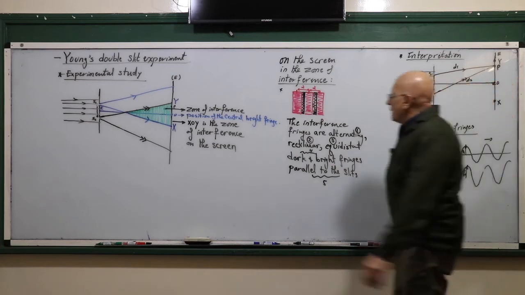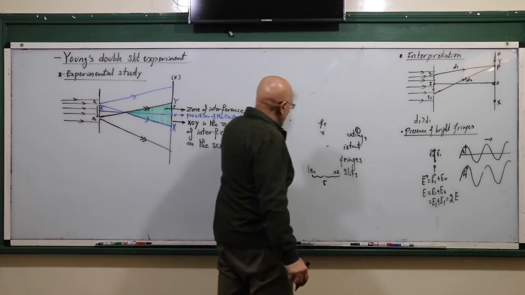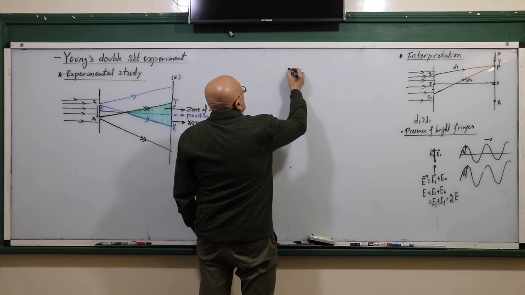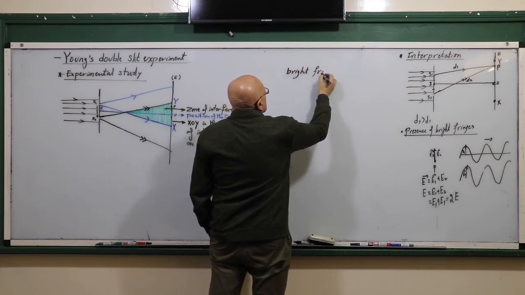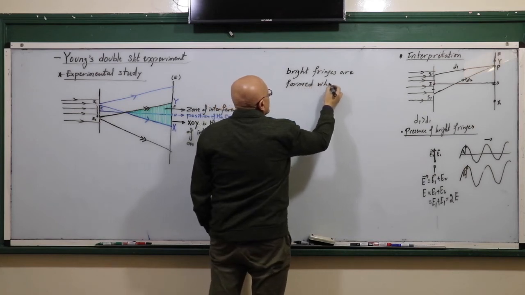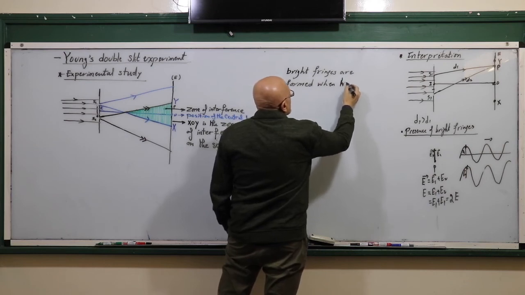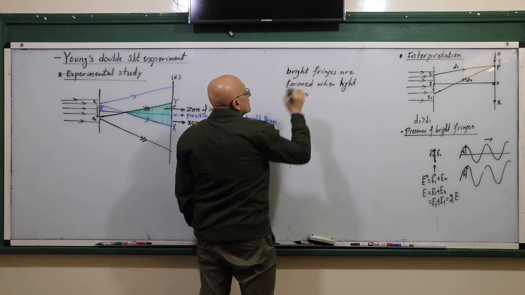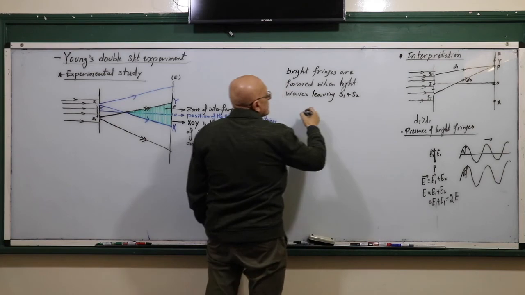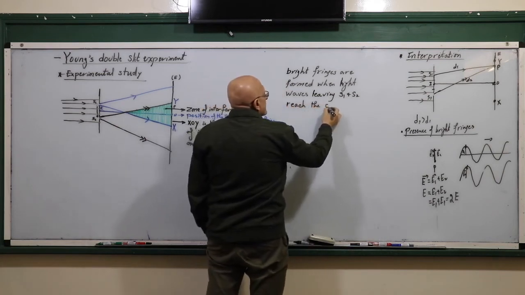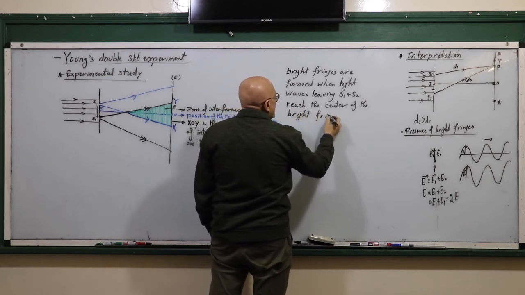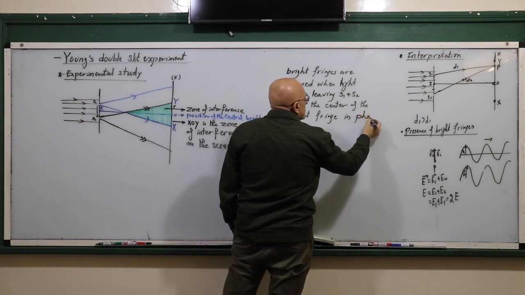Okay? So, bright fringes are formed when light waves leaving S1 and S2 reach the center of the bright fringes in phase, okay?